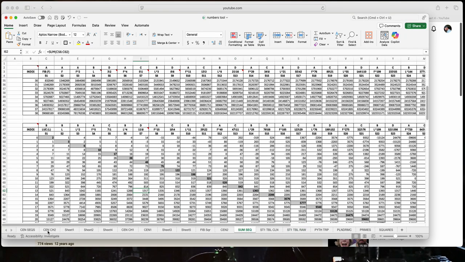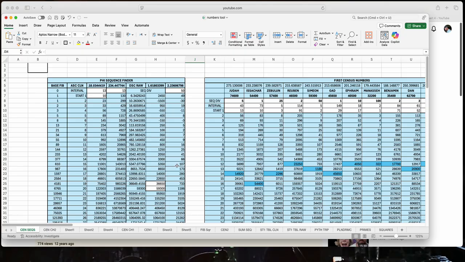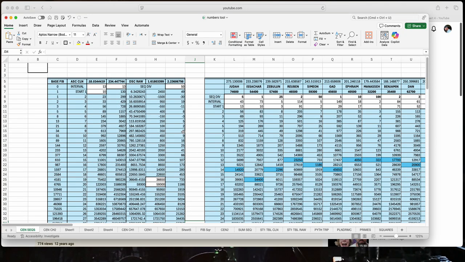So I start building this sort of sequence finder table. Just as we found with, for instance, our number for the quarter of Israel, the 150, we find this number, and this table is just going to tell you what this number divided by phi is. And we see it's 93,601.